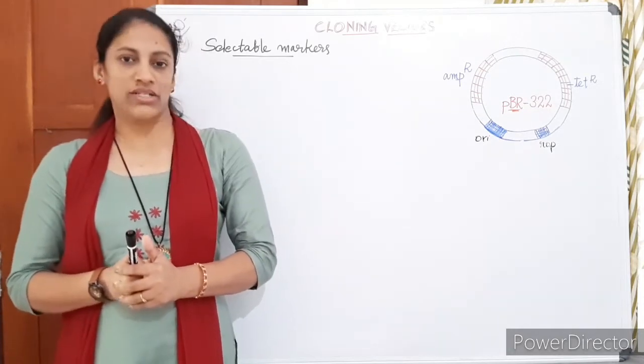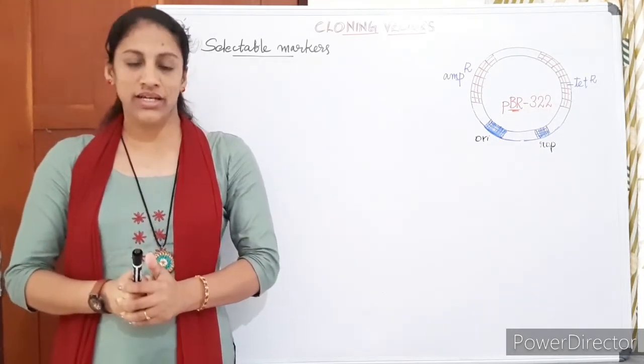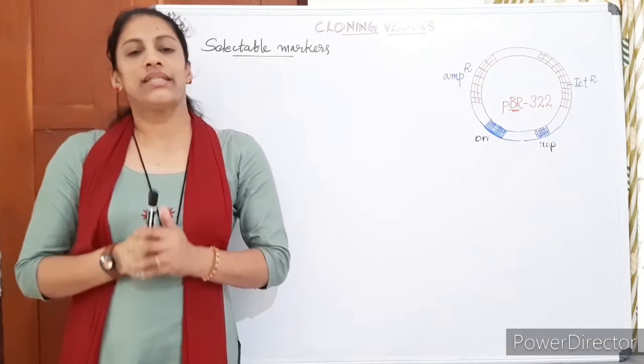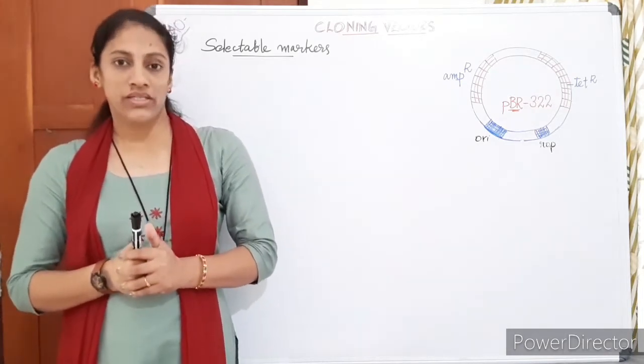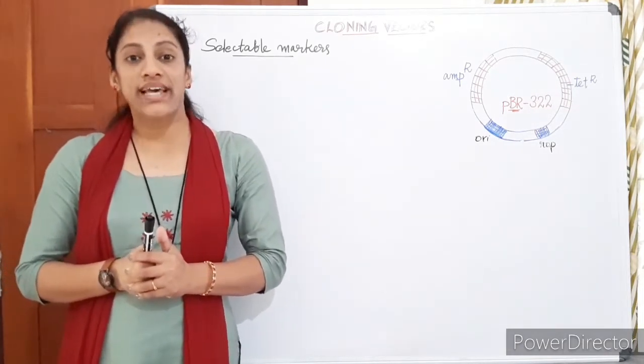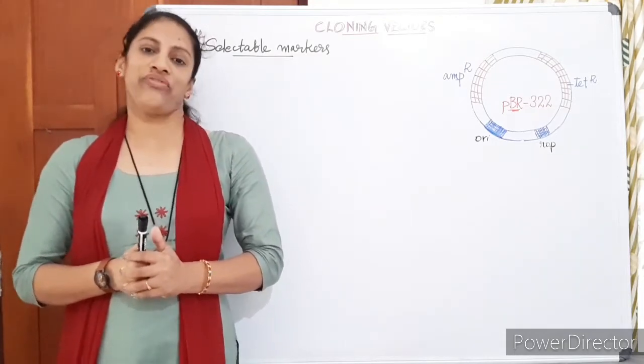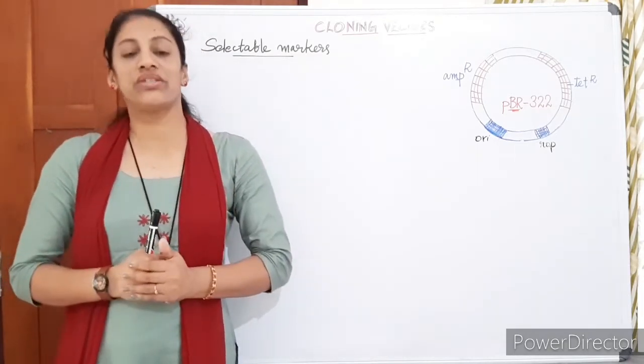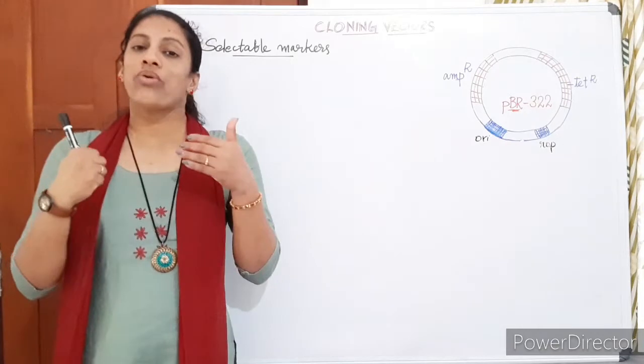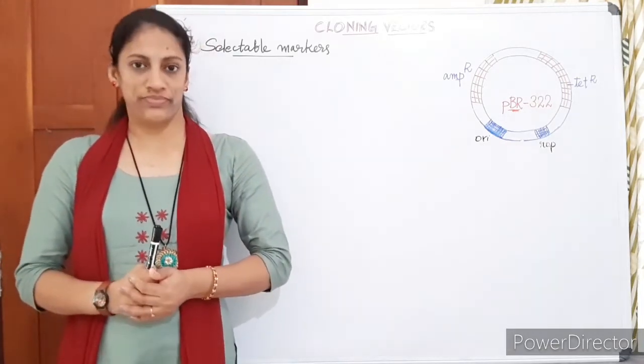What is meant by that? We are going into the depth of that. Anyway, understand that selectable markers in the plasmid help us to identify whether the recombination is successful or not, whether our work is successful or not.